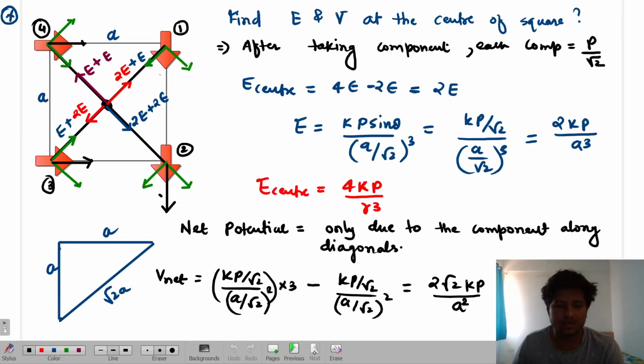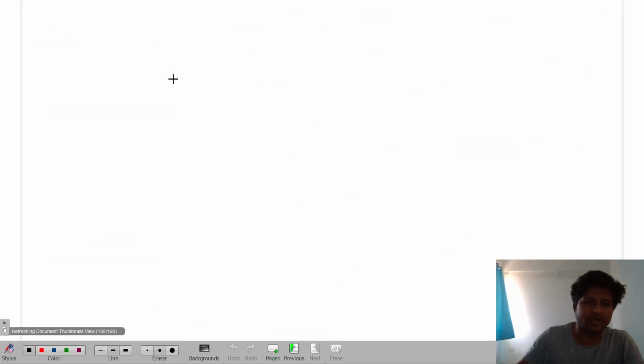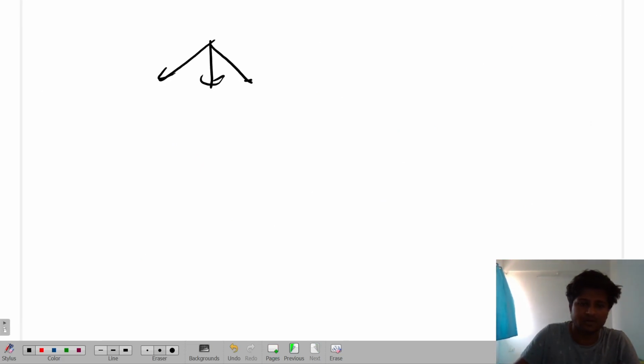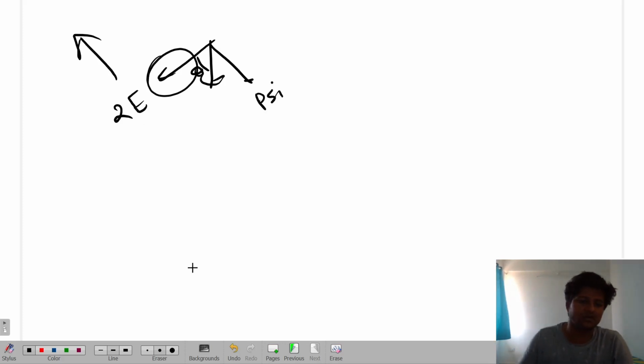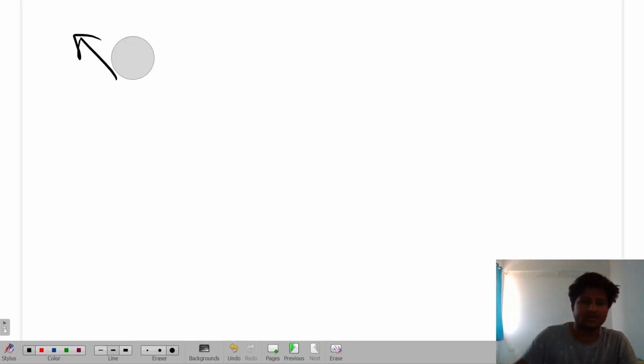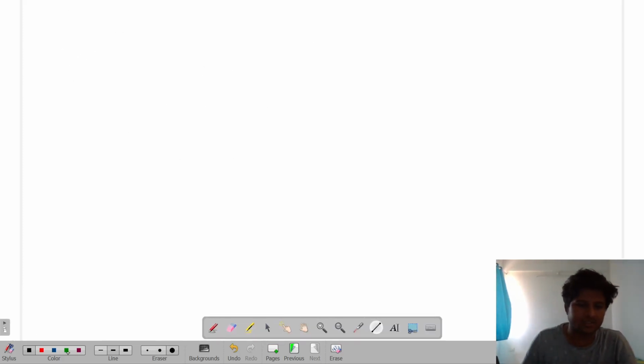Now look over here. So you got the idea of what you have to do whenever you get the dipole, resolve it. And for that, one along the cos theta component, the electric field will be twice E, and one along the perpendicular direction of it, means along this direction, the opposite electric field will be E only. So I'll just represent it. You remember this trick always, because sometimes they ask on this rectangle and something like that. When I have this as my dipole moment, then I have two components.